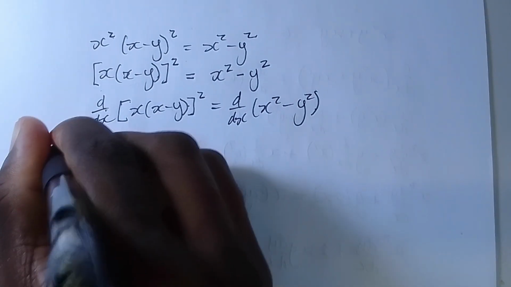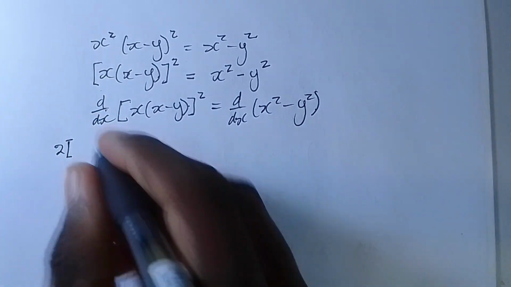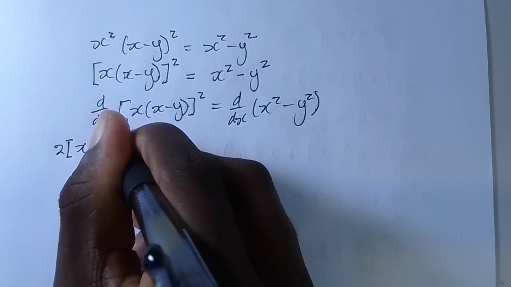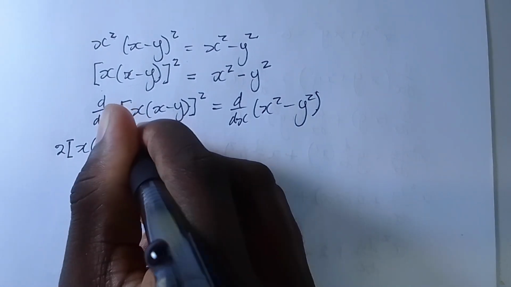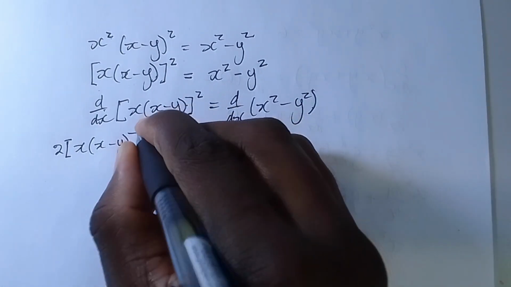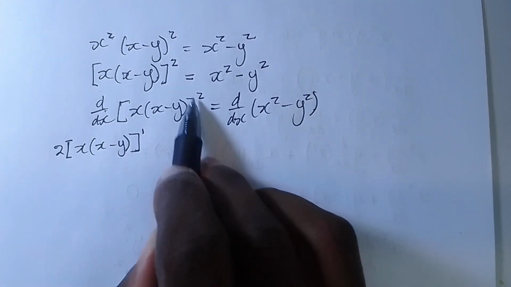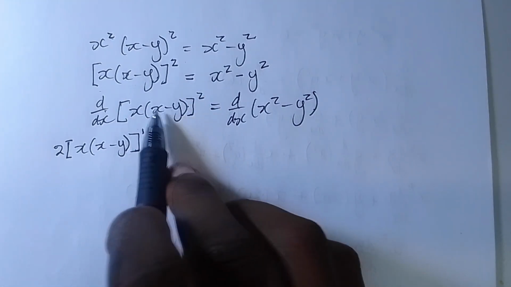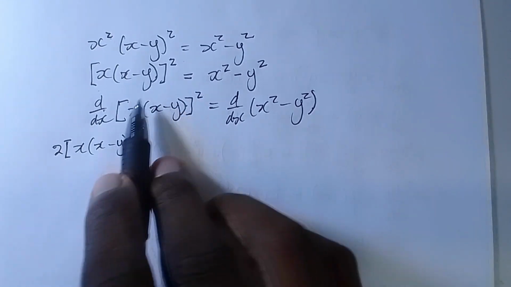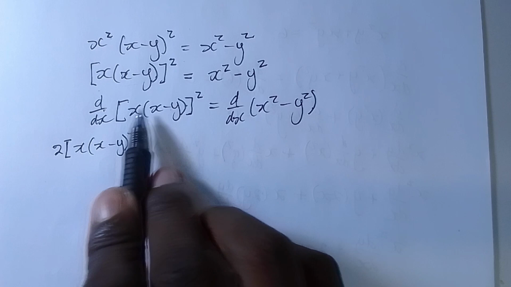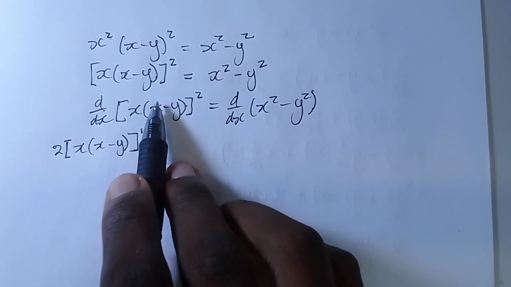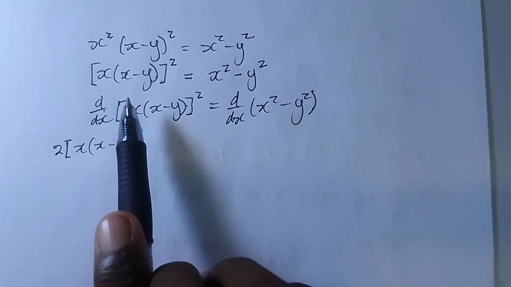So that will be 2 multiplied by x into x minus y, and then you'd say 2 minus 1, you get 1 as the exponent, and you've differentiated the outside. Now let's get to differentiating the inside. When you differentiate the inside, it's a product. This is getting very complex, but I think I should go back to doing more product and quotient rule videos. But this is a product, right?